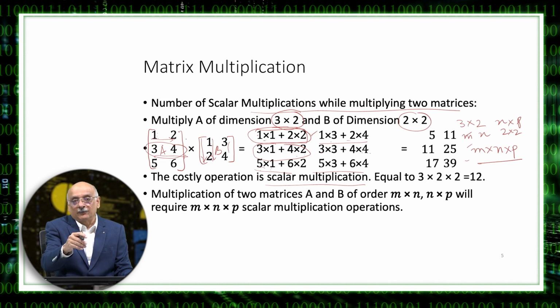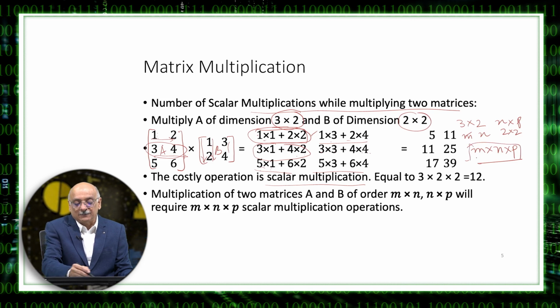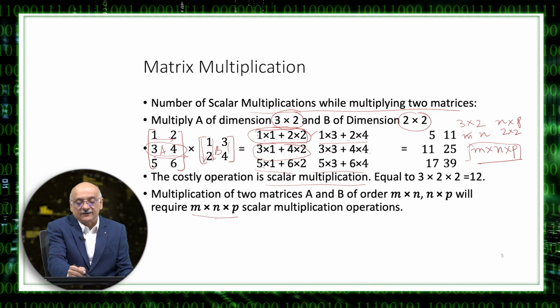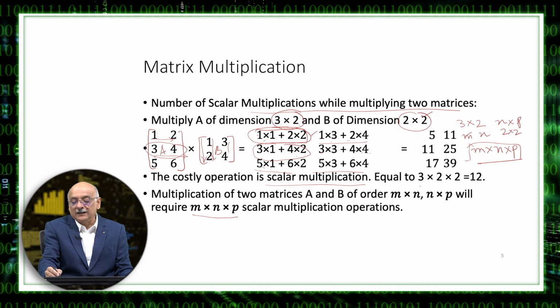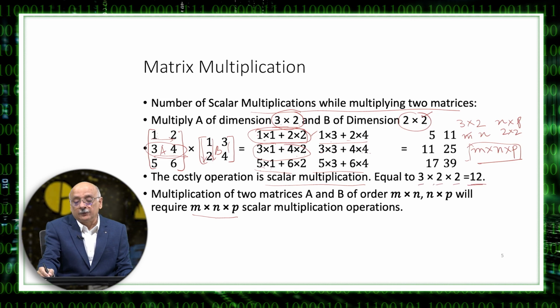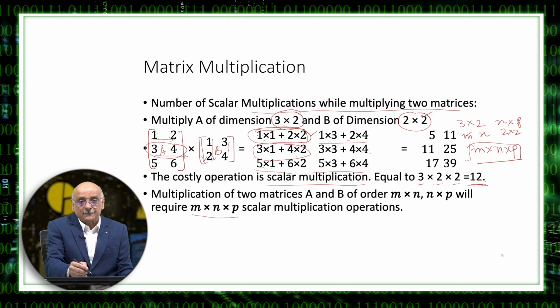So that is how you will be able to determine. In this particular case, M is 3, N is 2, and P is also 2. So the number of multiplications required will be 3 into 2 into 2, which is 12.